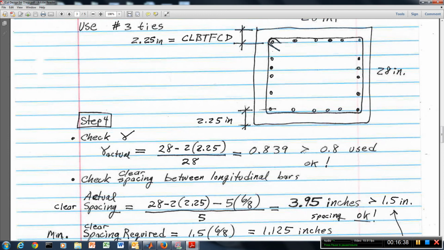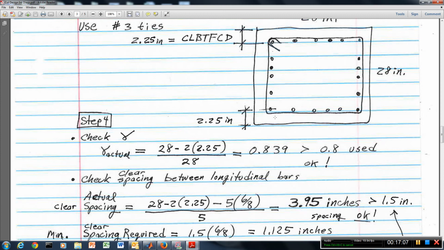We can see that the center-to-center distance of the outermost bars is going to be greater than what we assumed. So this is actually better than what we assumed when we used that interaction diagram chart. Our column is actually going to be a little bit stronger than our design here, and so that's okay.